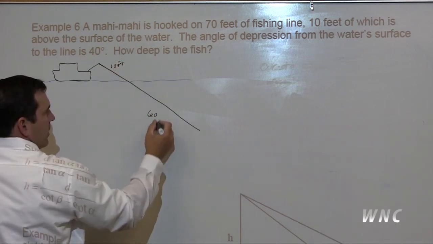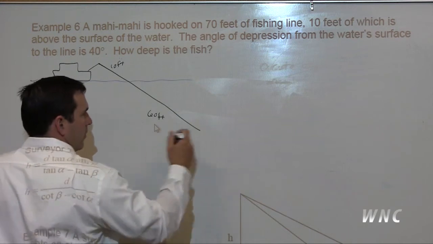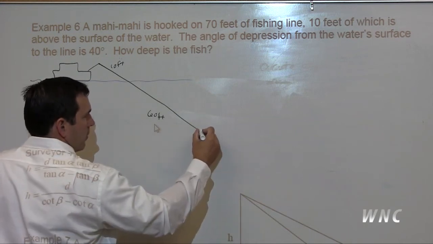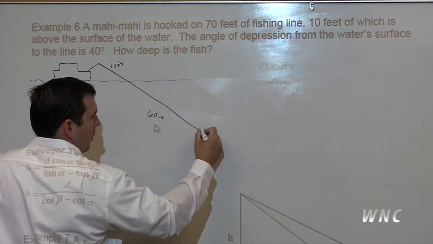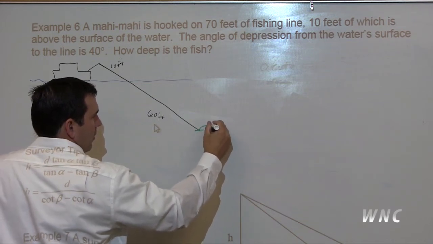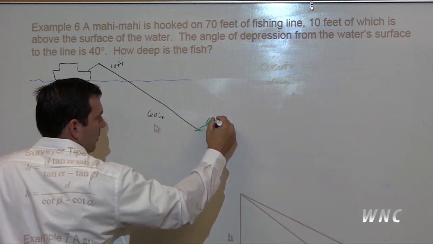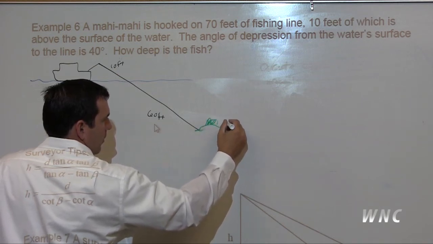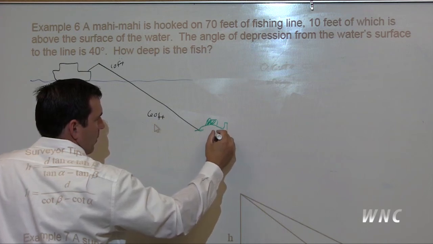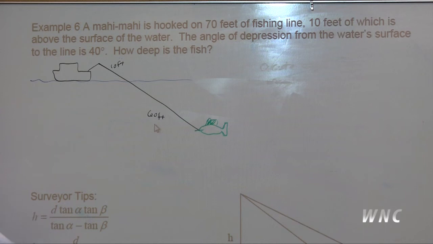That means 60 feet down below the water. Now below the water we have a fish hooked on there. I'm not sure what a mahi-mahi looks like. I'll draw a swordfish. Fins here. There, whatever, there's my fish.